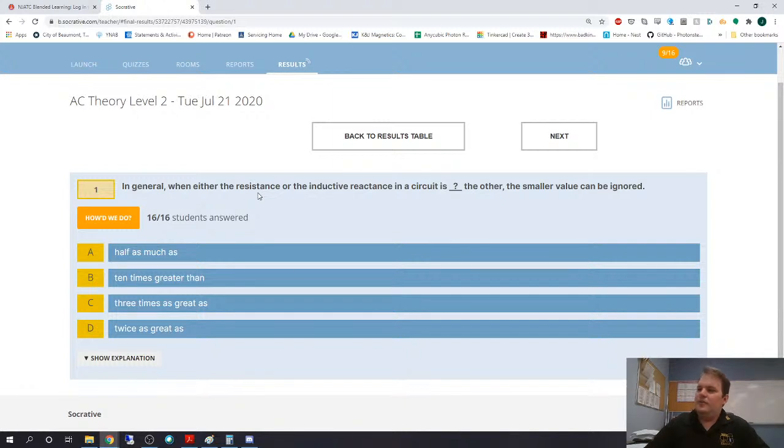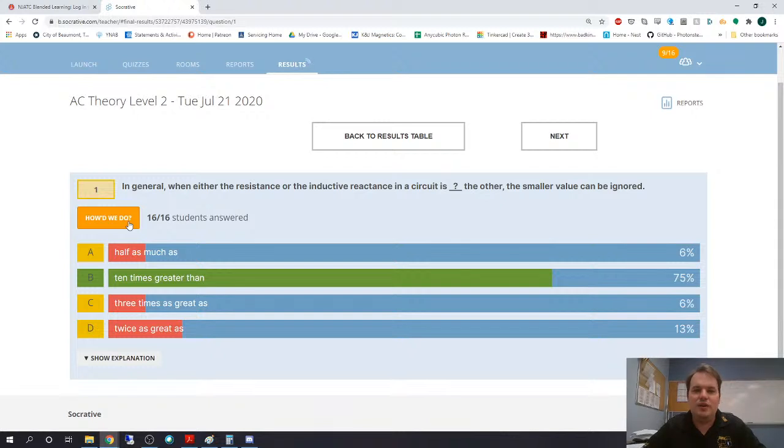Alright, so in general, whenever you're working with two different values in a circuit, like inductive reactance and resistance, or capacitive reactance, all of those things exist in every single circuit: inductive reactance, capacitive reactance, and resistance.